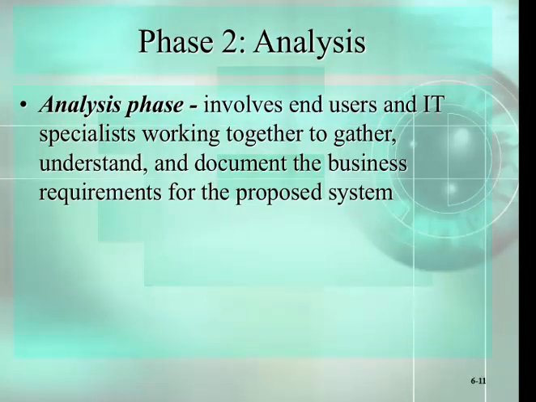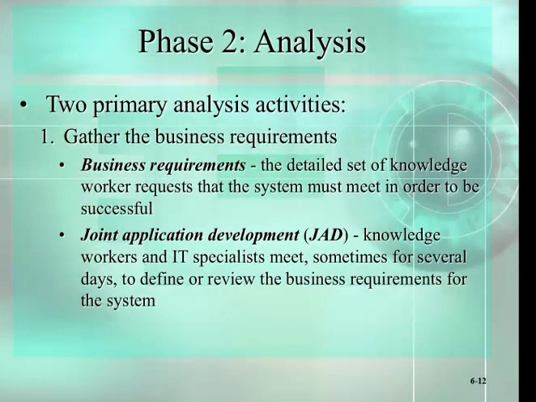The second phase is analysis. The analysis phase involves end users and IT specialists working together to understand and document the business requirements for the proposed system. There are 2 primary analysis activities. The first one is gathering the business requirements. Business requirements are the detailed set of knowledge worker requests that the system must meet in order to be successful.